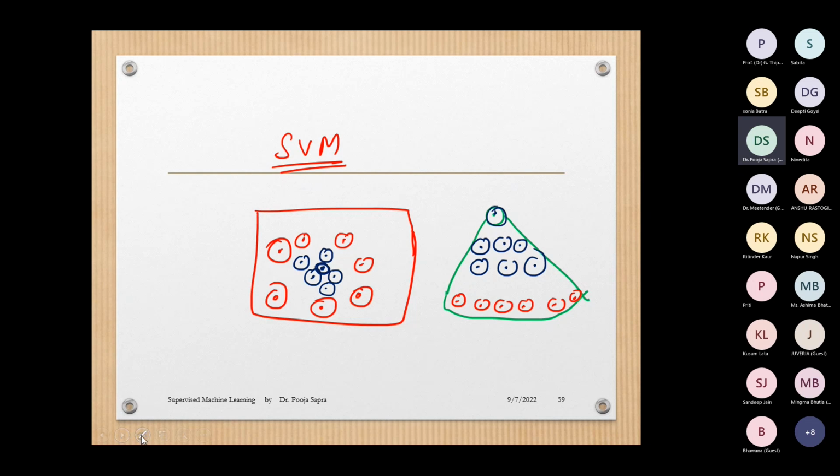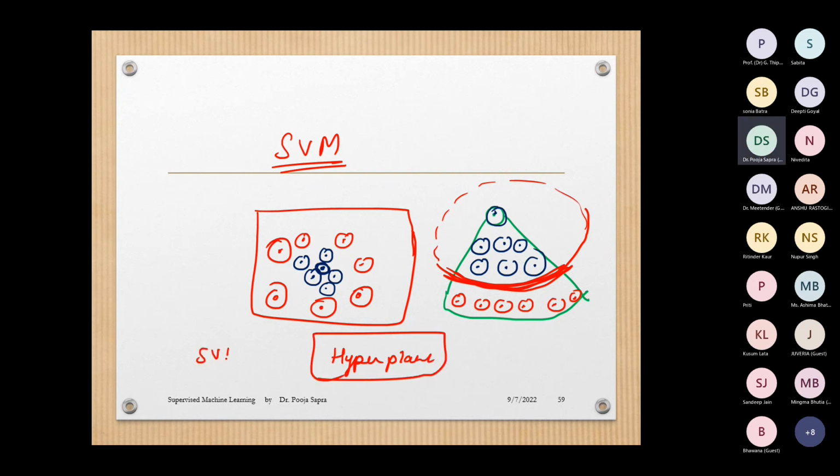Now, when I'm picking it from the center and I have identified this boundary, I can definitely do that segregation. This is called decision boundary, or in case of non-linearly separable points, this is called as hyperplane.